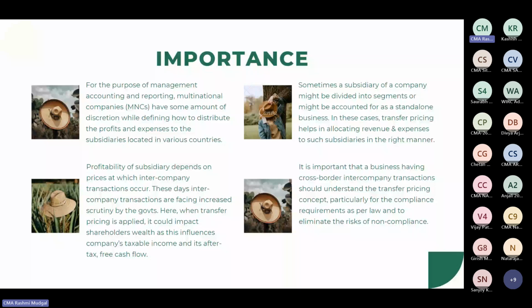It is really important to understand the transfer pricing concept, particularly for the compliance requirement as per law and to eliminate the risk. If companies want to do cross-border business, they have to respect the country's law and they have to look after transfer pricing as well.